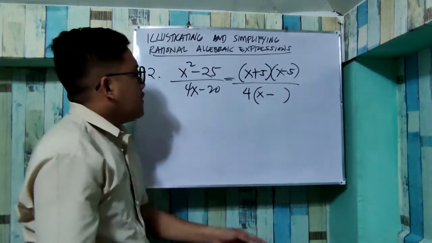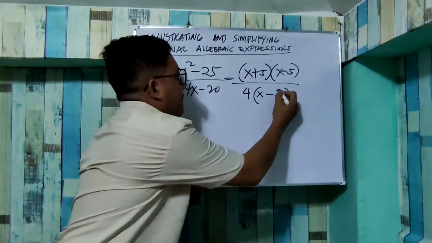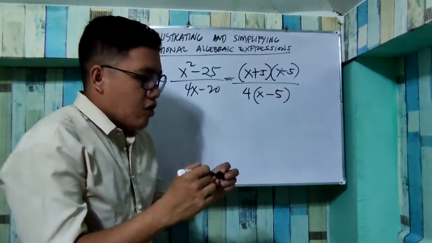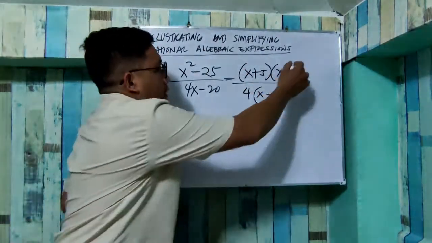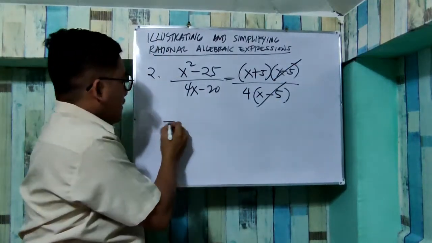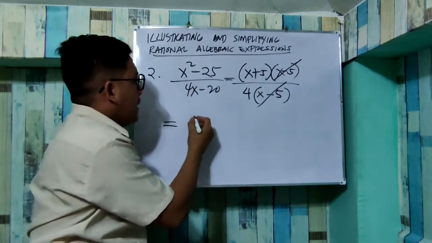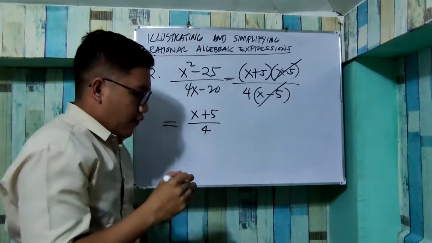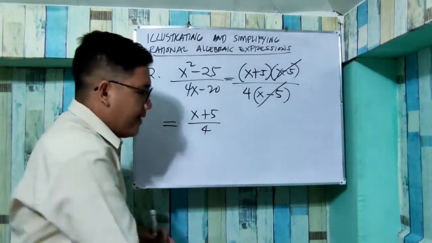Ano ang multiply mo sa 4 para maging 20? 5. So, divide out the common factor. Tanggalin na natin to. Therefore, ang ating simplest form nito is x plus 5 over 4. Naintindihan? So, another example.